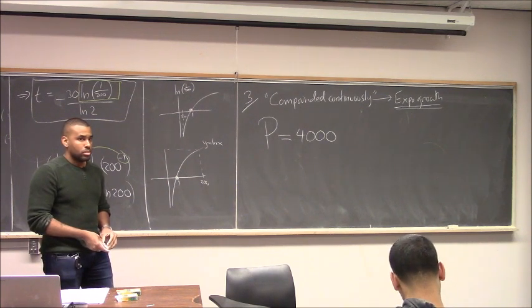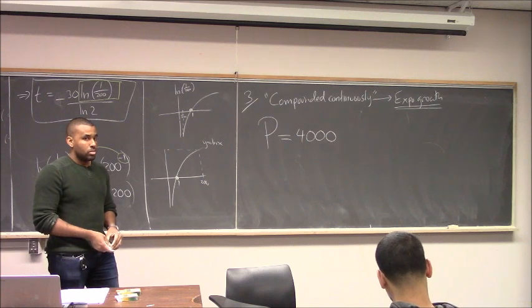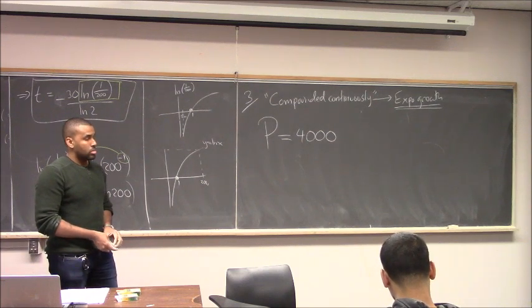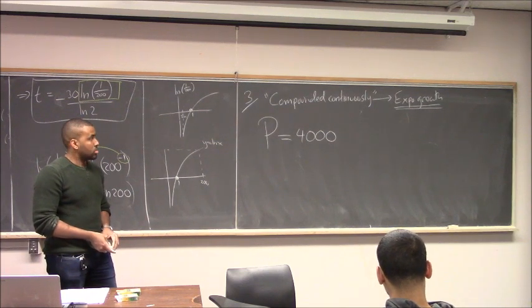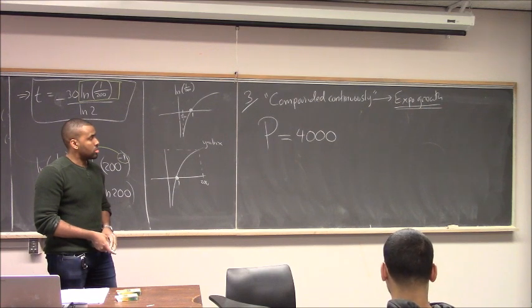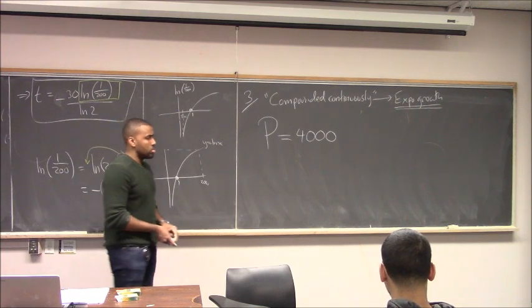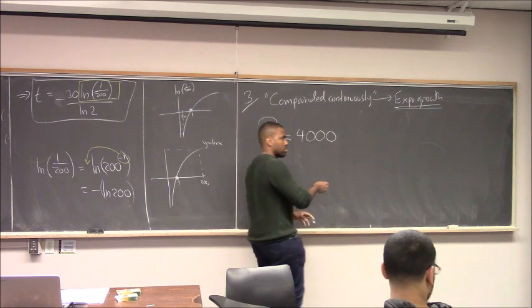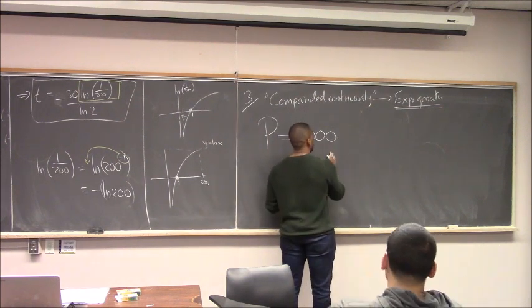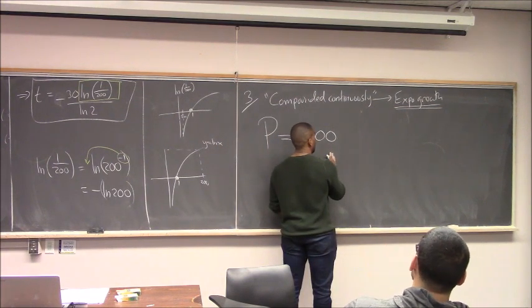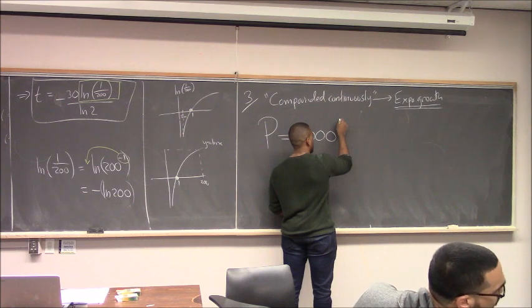So P is equal to 4,000 to the 0.05 times T. 4,000? To the 0.05. What do you mean to the 0.05? Like R times, raised as a power?